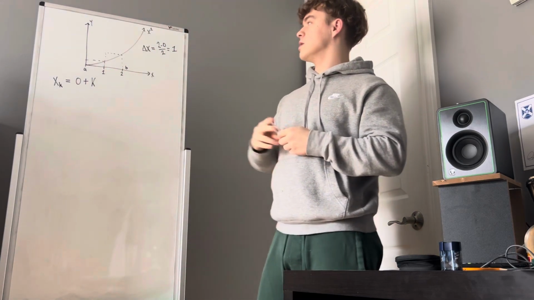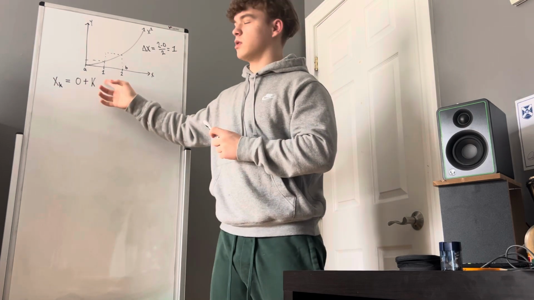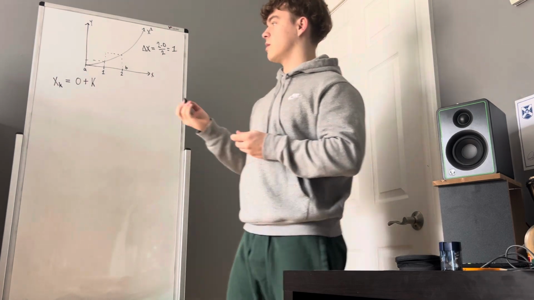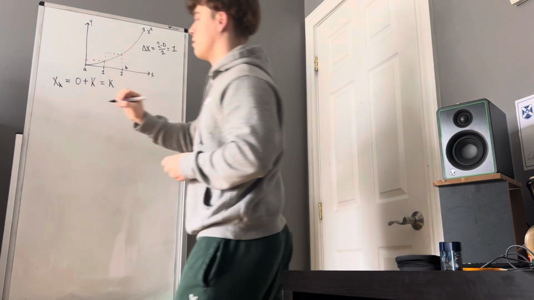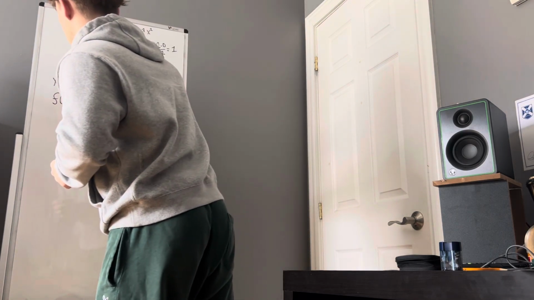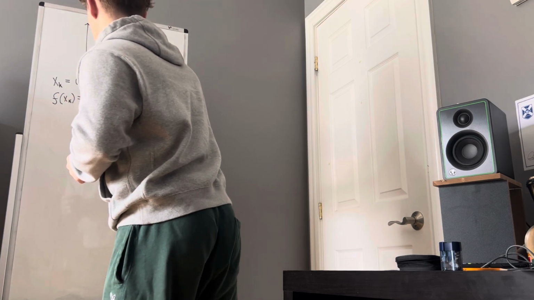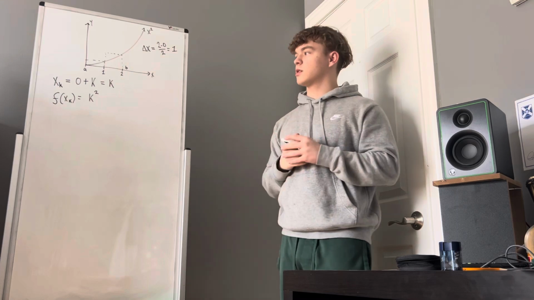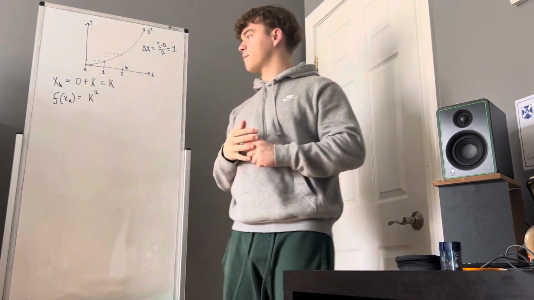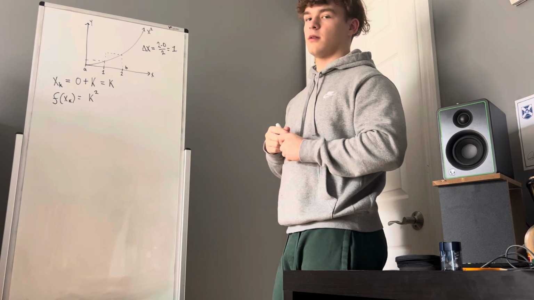So when k is 2, it's 2 because delta x is just 1, so we don't have to put 1 there. So xk just equals k. That makes it very easy. That means our function of xk is just k squared because our function is x squared. So we replace x with our xk. So function of xk is k squared.